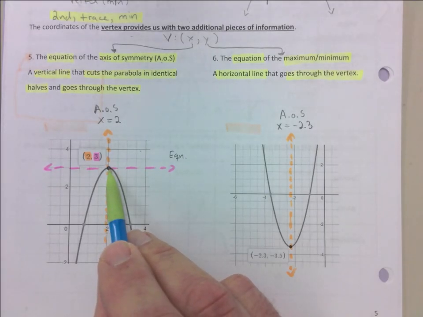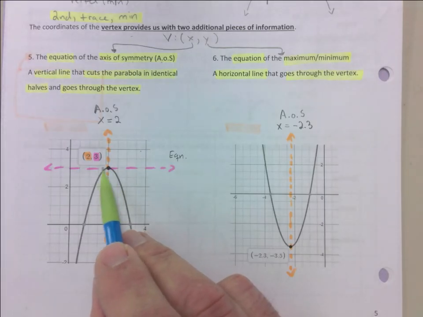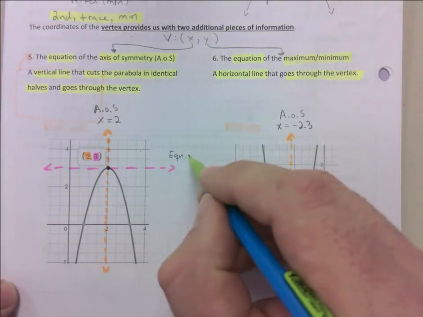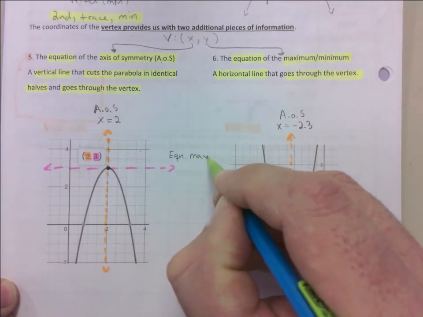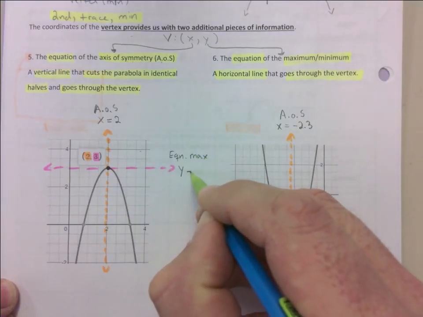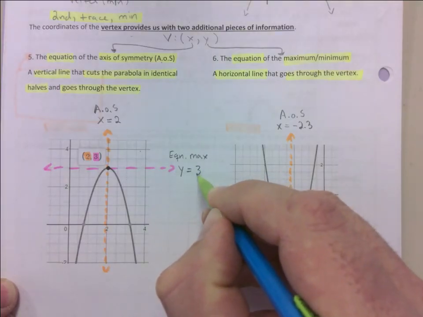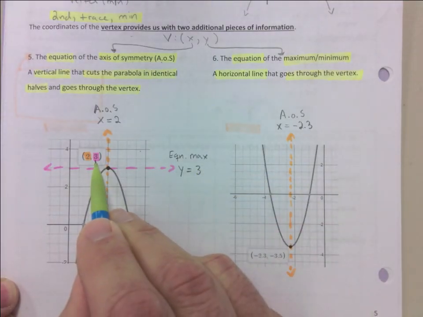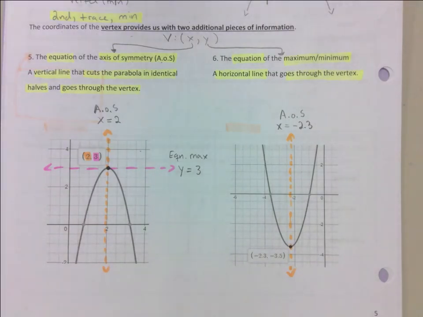What is the vertex? That's the highest point. So it's actually of the max. And that'd be y is equal to 3. Okay? That one isn't as important, but we'll still take care of it.